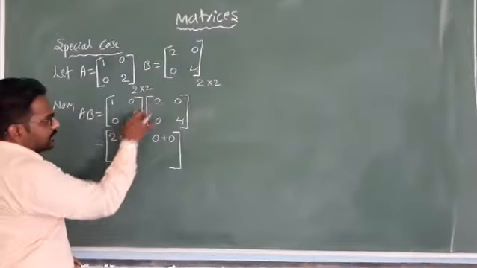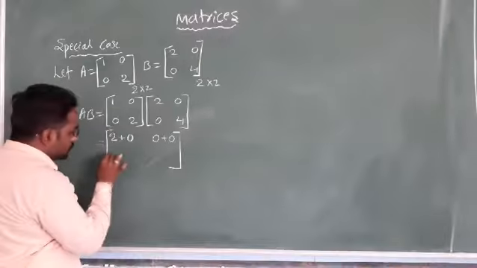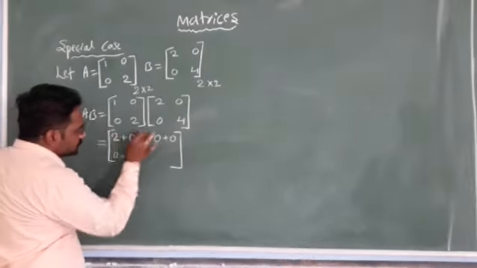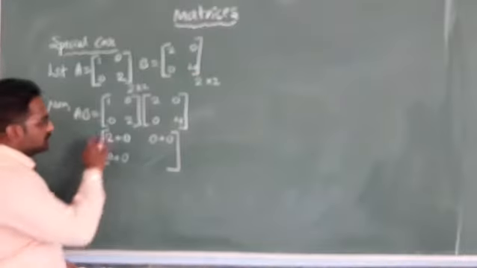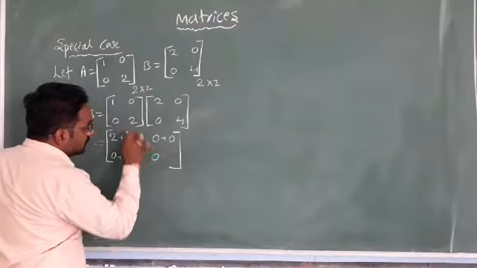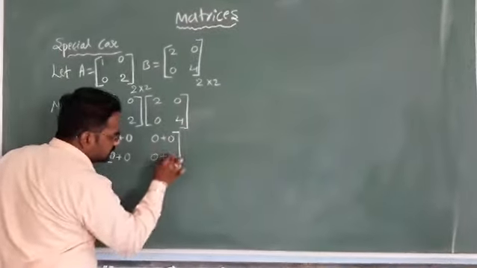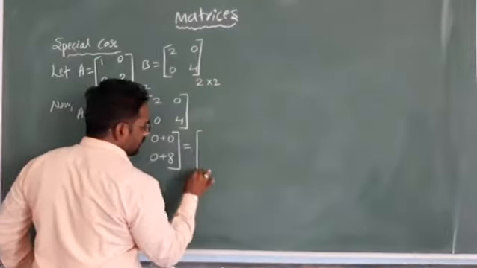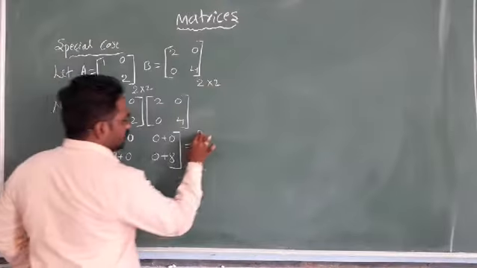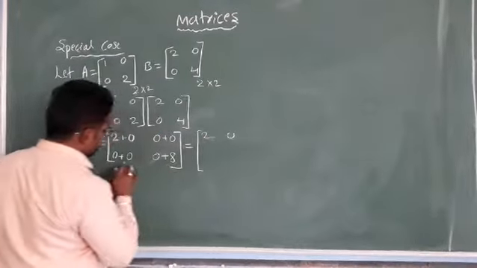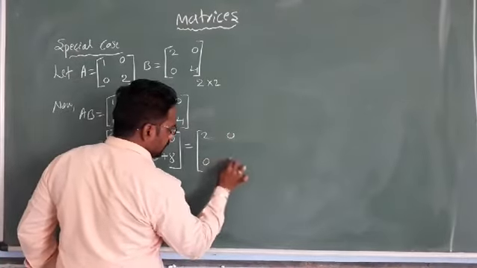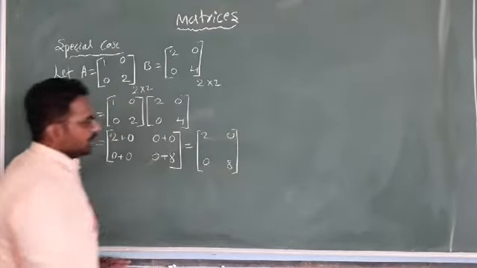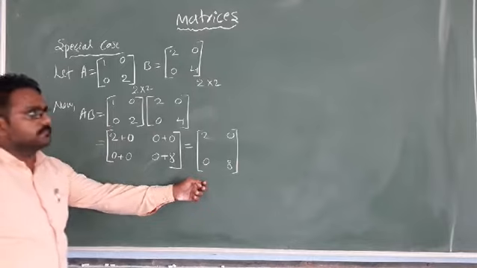Second row first column element, 0 into 2, 0 plus 2 into 0, it is 0, 0 into 0 is 0, 2 into 4, it is 8. So what is AB? It is 2 0 0 8. This is the product AB.